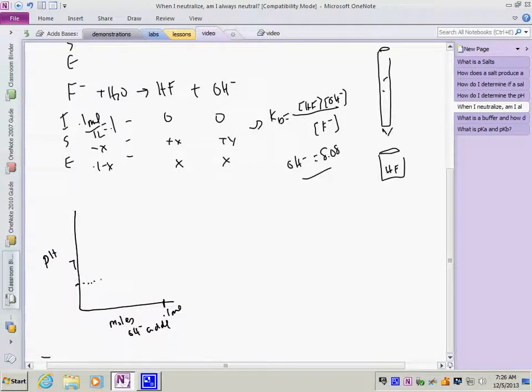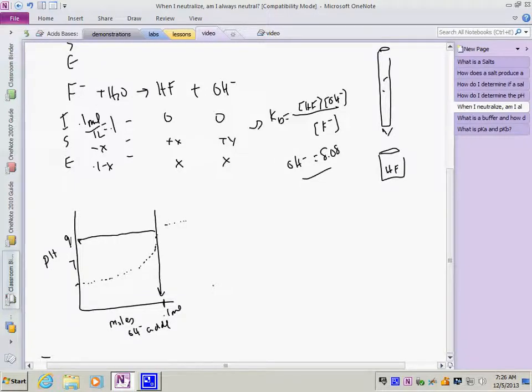And as I add my moles, you'd see it slowly, it's buffering, in a buffering zone here. And all of a sudden, as my HF starts to dwindle, I would see a spike right here. This, right where it spikes, is my equivalency point, which should be 0.1. Therefore, the equivalency point occurs right around pH of 9.